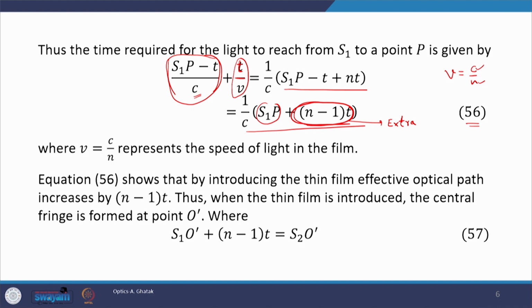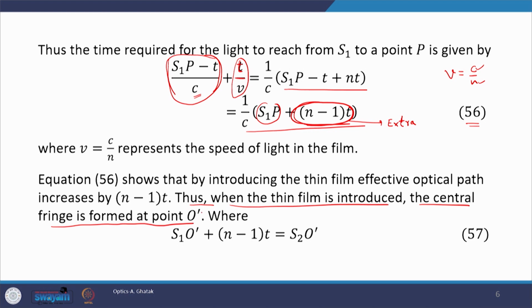Now, suppose due to insertion of the thin film, or due to this extra path length, the central maxima will be shifted. It is very obvious. Central maxima is the position which is symmetrically situated from sources S1 and S2, but now this symmetry is lost due to insertion of a film in the path of one of the rays, and to balance this, the central maxima will shift either up or down.